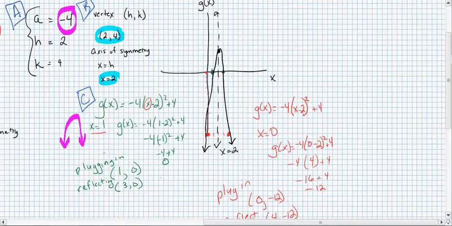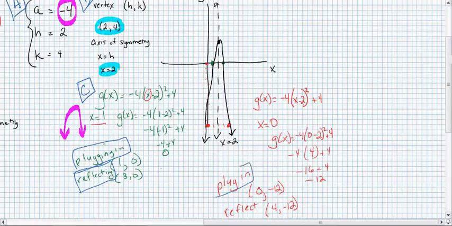So I picked something near the axis of symmetry. I picked 1 and plugged it in, got a value of 0, plotted (1, 0), and then reflected that point over the axis of symmetry and repeated that process with a different value. I plugged in 0 this time and got negative 12, and then reflected that point over the axis of symmetry.